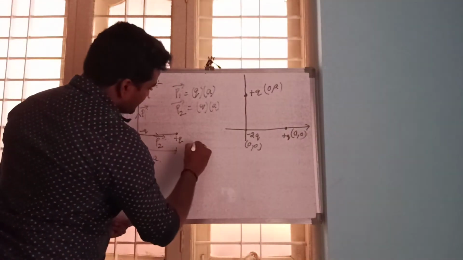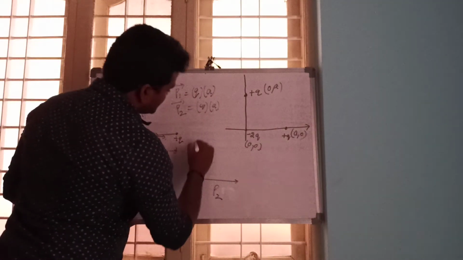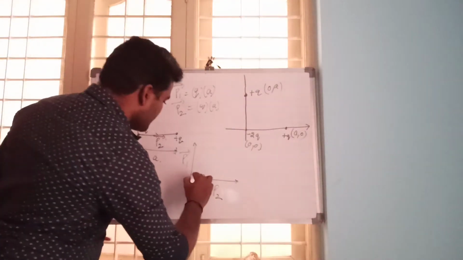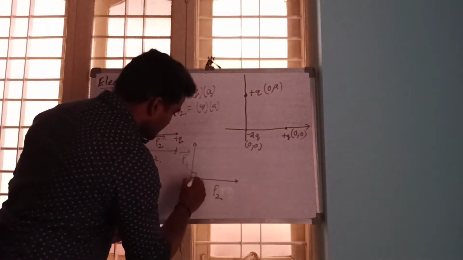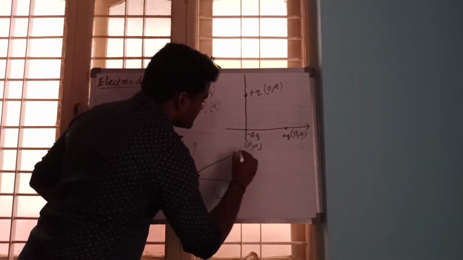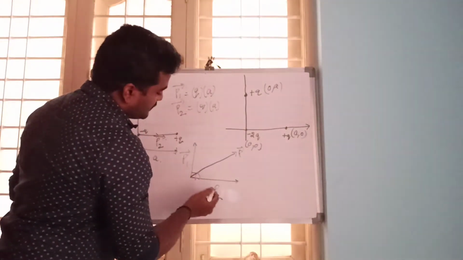We know that dipole moment is a vector quantity, right? This is P2 and this is P1. These are mutually perpendicular, so the resultant will make an angle of 45 degrees with either of the two dipole moments.